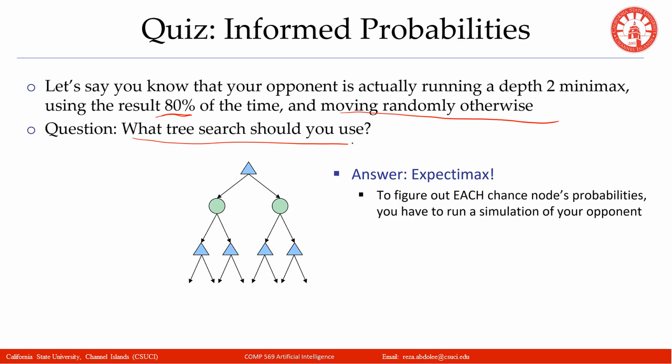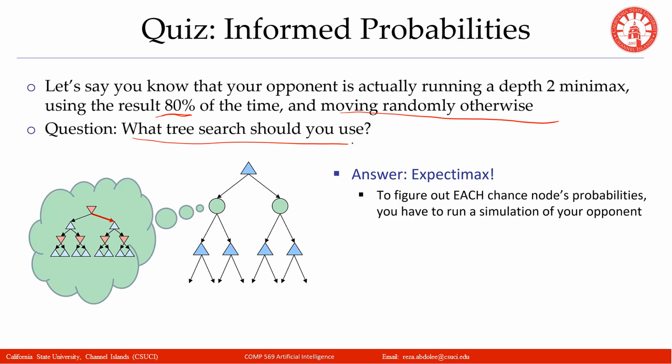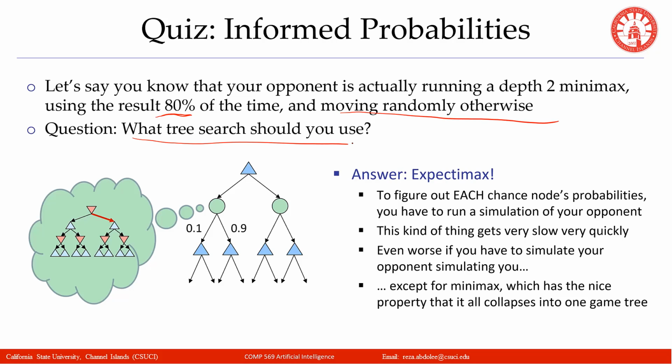Okay, how would you understand the probability? One of the ways is to simulate your opponent. You need to simulate your opponent and predict his or her move, and based on that, you are able to estimate the probability of choosing a different branch under that chance node.